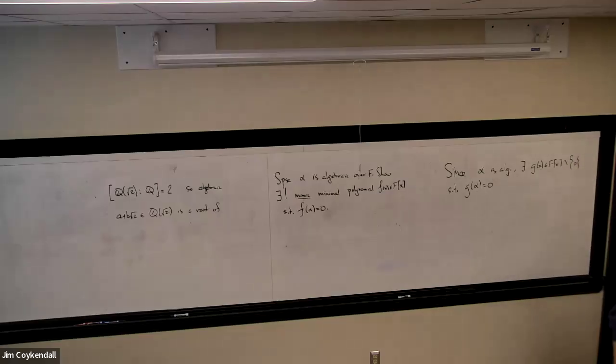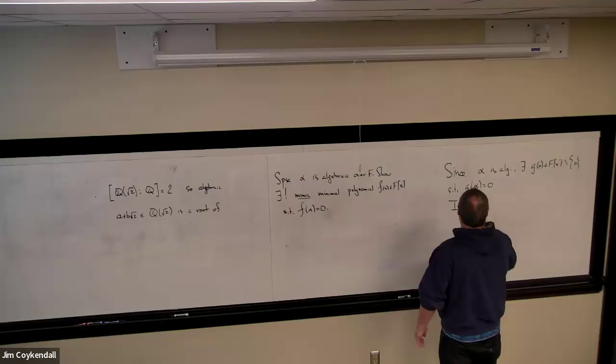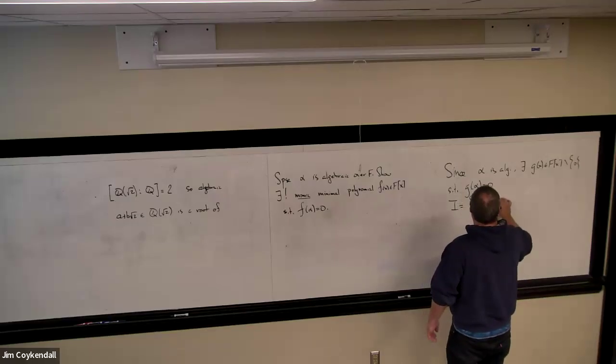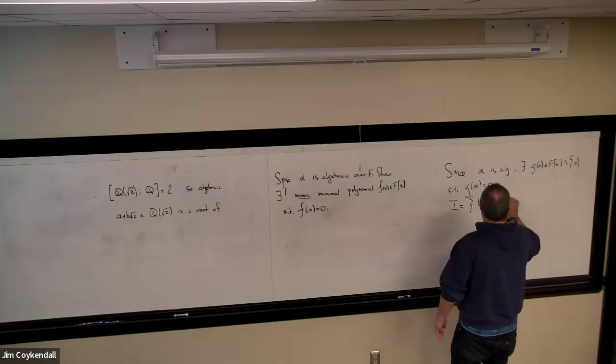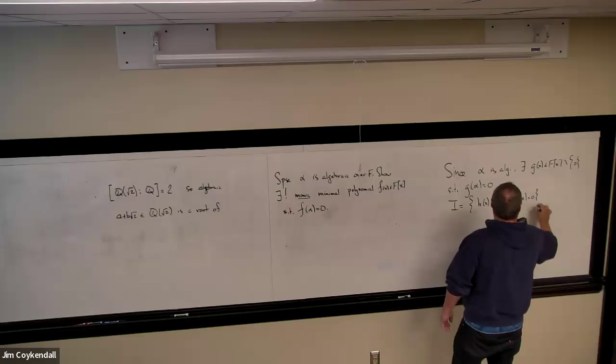I don't want to let g(x) be the 0 polynomial because everything's a root of that. Right? So I know that there is some non-zero polynomial that annihilates alpha, right? So let I equal the set of h(x) in F[x] such that h(alpha) is 0.